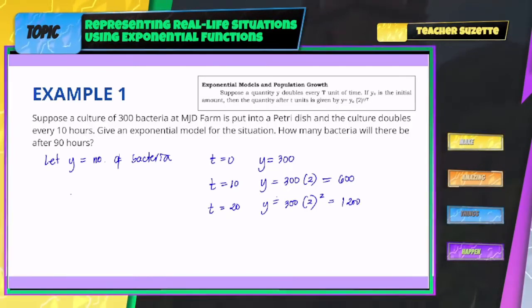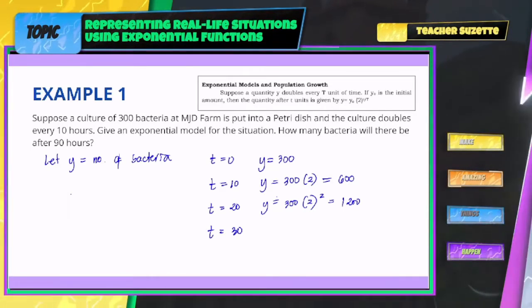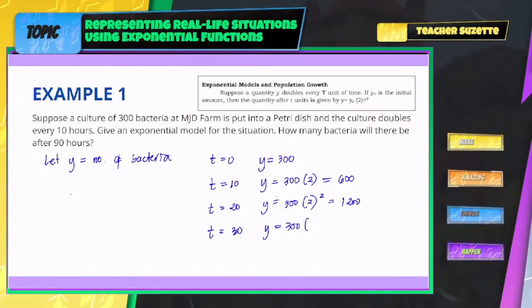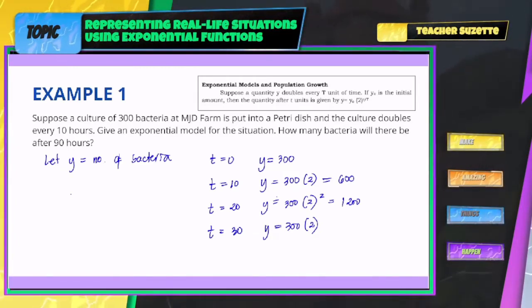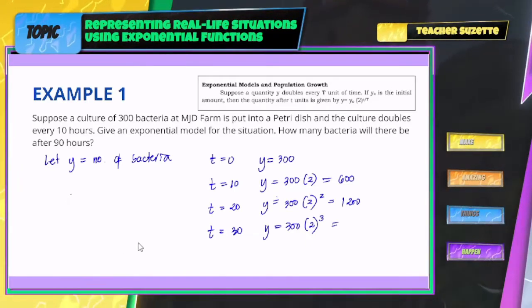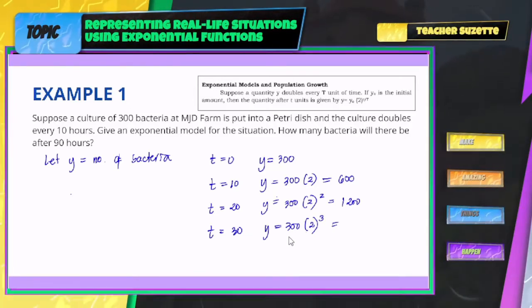How about if another 10 hours are added? Then t is equal to 30. Then y will now be 300 times 2 raised to 3, because it has repeated three times. 2 raised to 3 is 8, times 300. You will have 2,400.